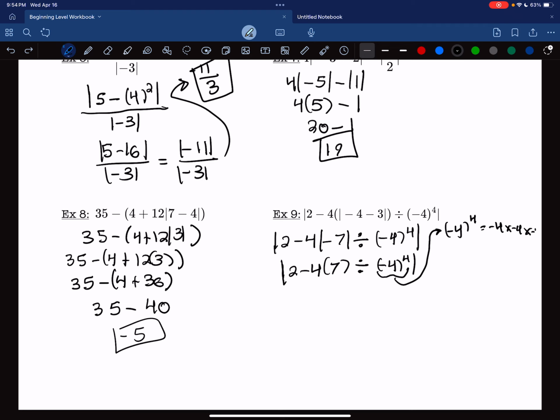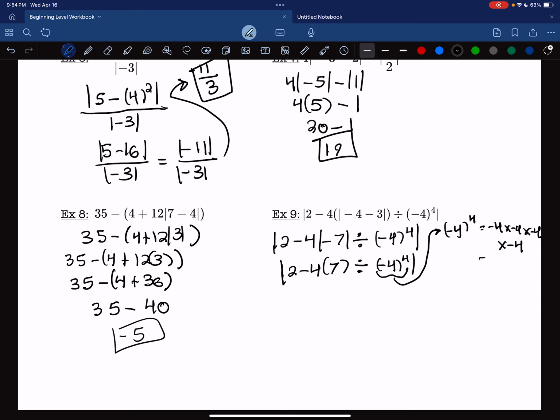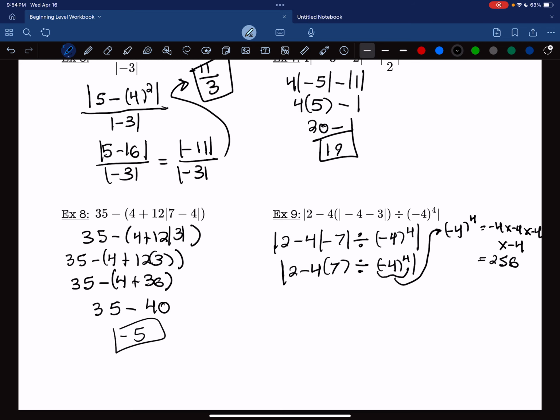I'm not going to do this mentally. So if you put that in a calculator, what you will get is 256. And you might be like, why is that positive?